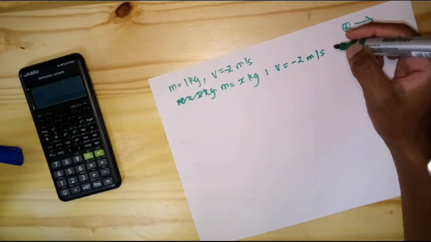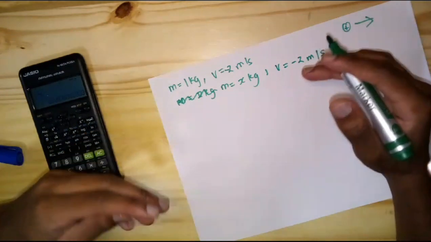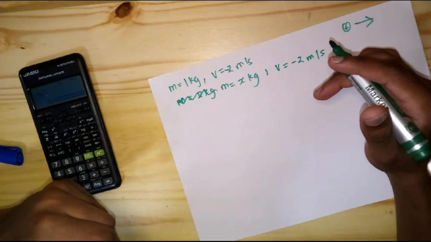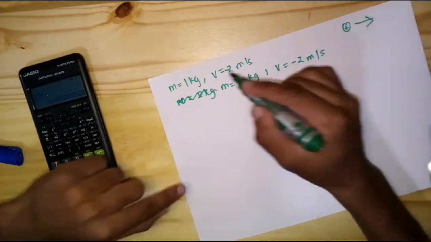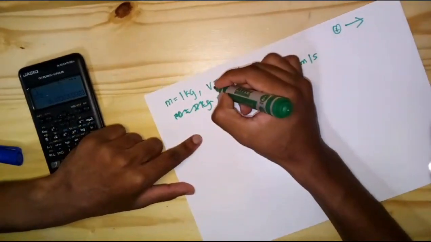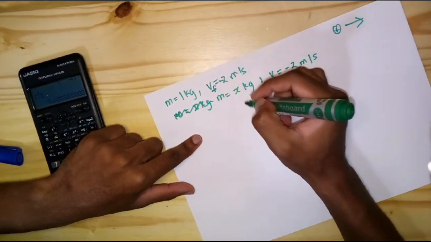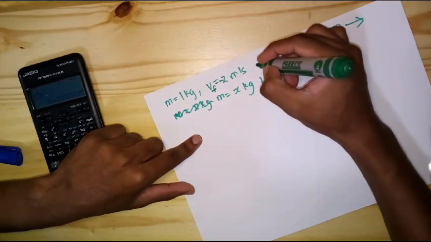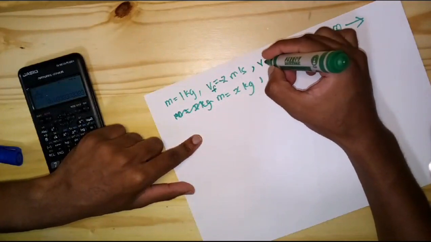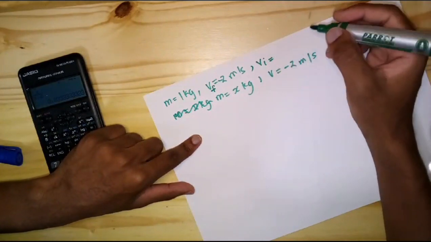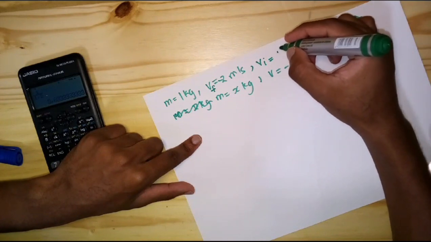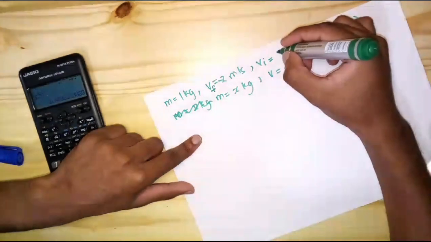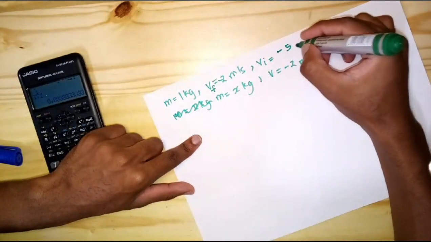So if both these things are moving away, let's give this one also an initial velocity. So this is the final velocity, and then this is the initial velocity. Let's say the initial velocity of this one was -5.